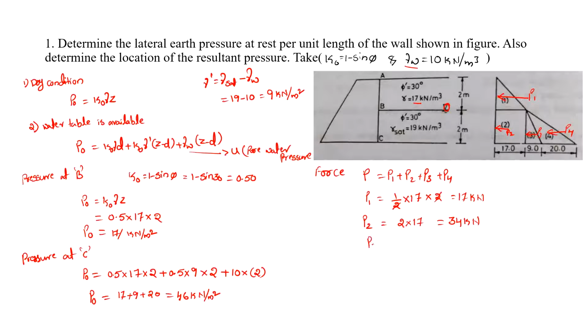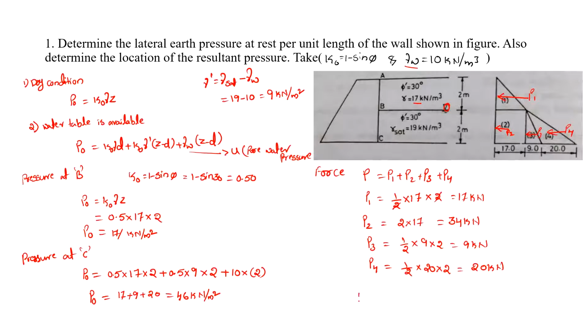So P3 we have to calculate, this is also in triangle shape. Half into base is 9 and height is 2. So 9 kilonewton force is acting on the structure, as well as P4. This is also half into base, so base is 20 and height also 2. So 20 kilonewton is acting on the structure.